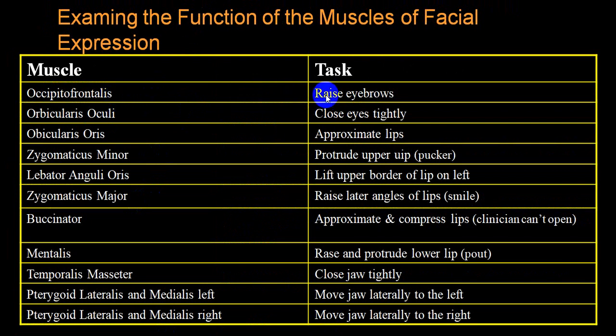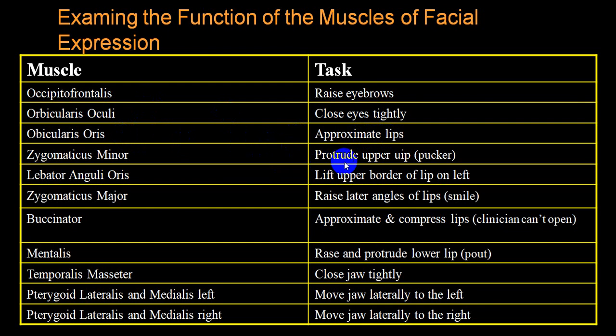Frontalis belly helps in raising the eyebrow, and while raising the eyebrow you get furrowing of the forehead. Orbicularis oculi is for tight closure of the eyelids. So while closing the eyelids tightly, the eyebrows are moved down. Orbicularis oris is for approximation of the lips and closure of the oral cavity.